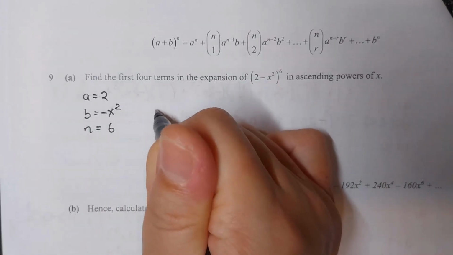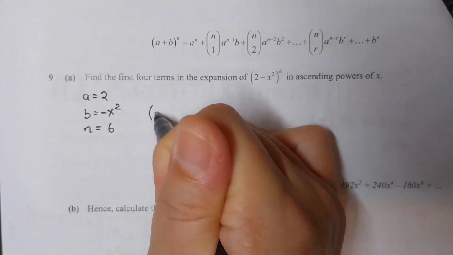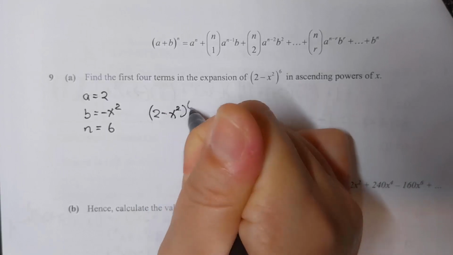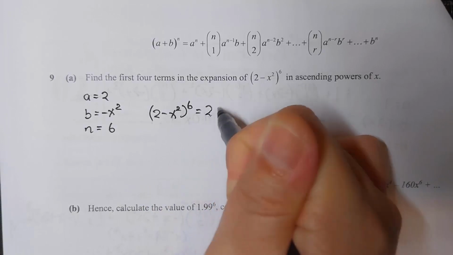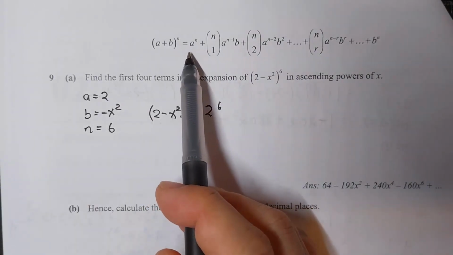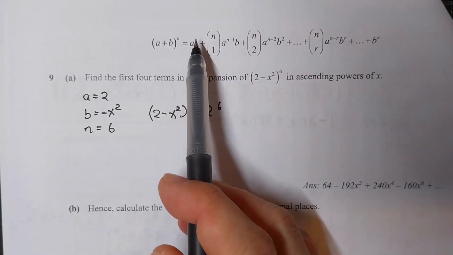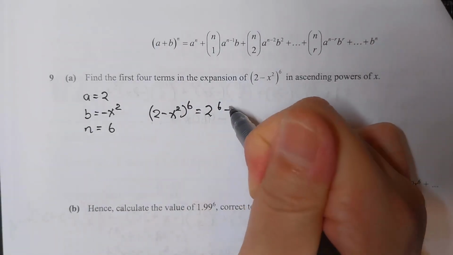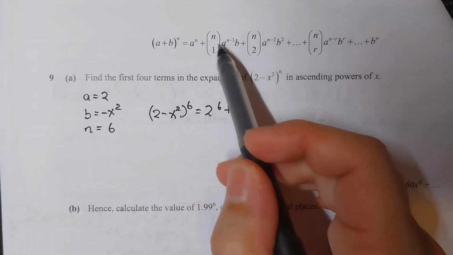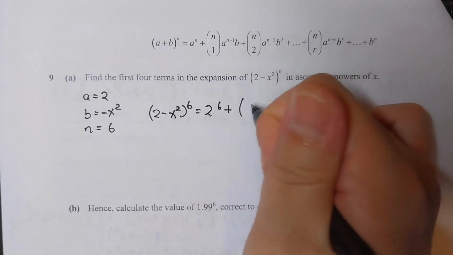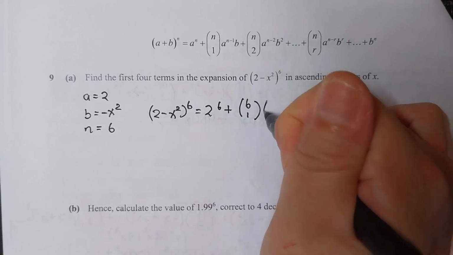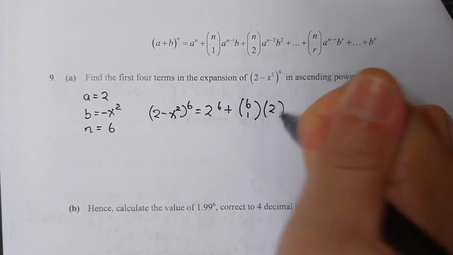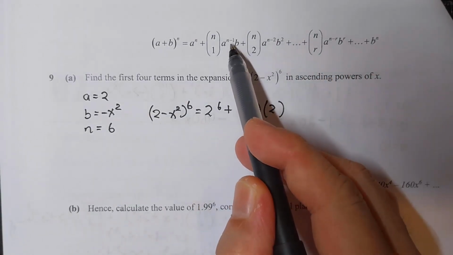And so the first term is now 2 to the power of 6, whereby a is 2 and n is 6. And we have 6 choose 1. We have 2 here to the power of n minus 1.